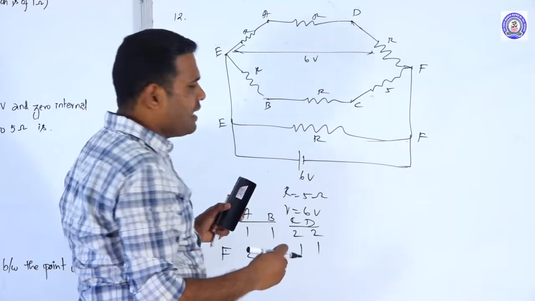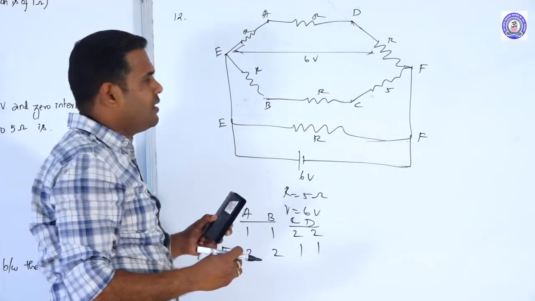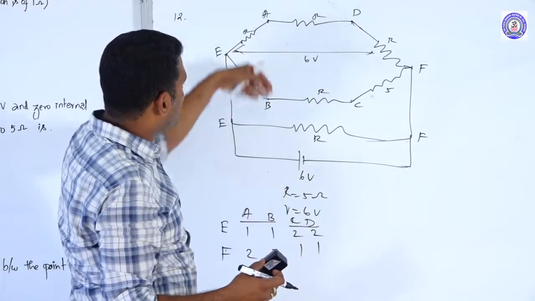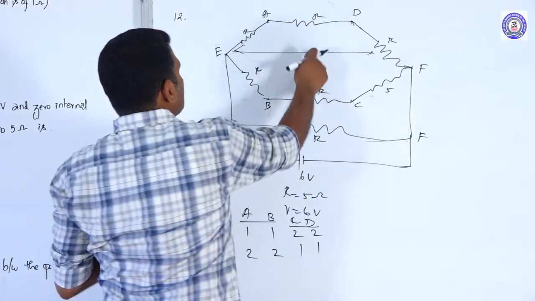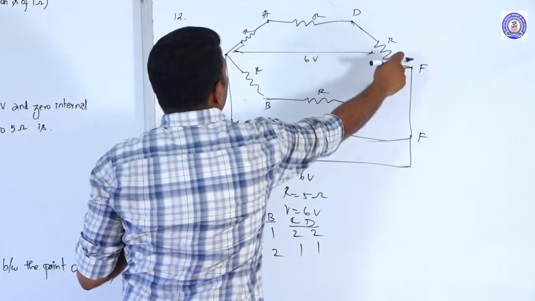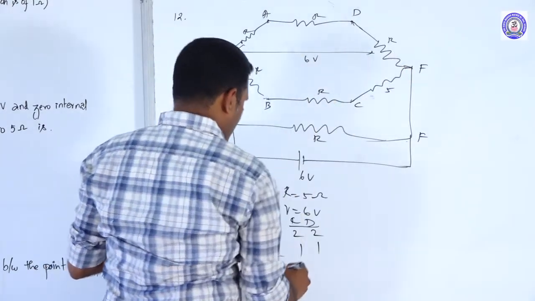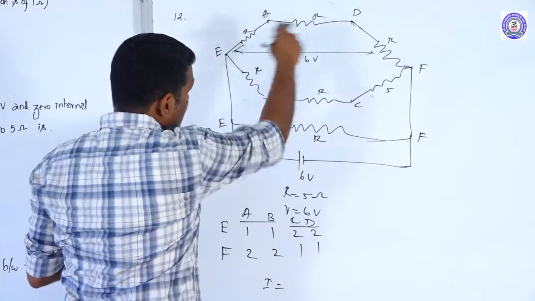What is common in a parallel combination? Potential is common. So potential is common in all the 3 paths, 6 volt across E and F. So I can calculate the current through the path AD.